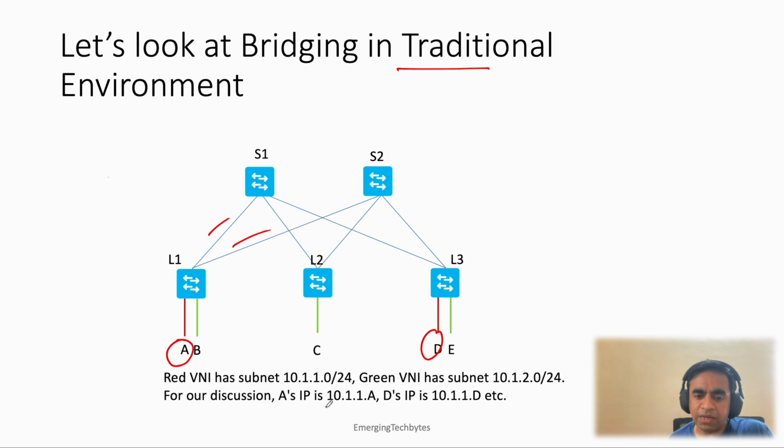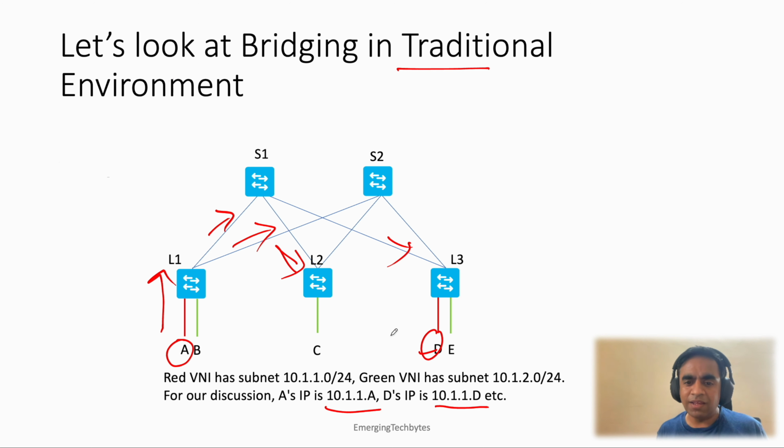A will send that packet in this direction, then it will come here, here, to everybody, right? That guesswork that I was talking about. It will send it to everybody, and then finally here on L3 we see that D is connected. D will send a unicast this time to A. Likewise, Ravi will stand up and come to me and say, "Hey Sunil, I am Ravi." That is unicast, right?